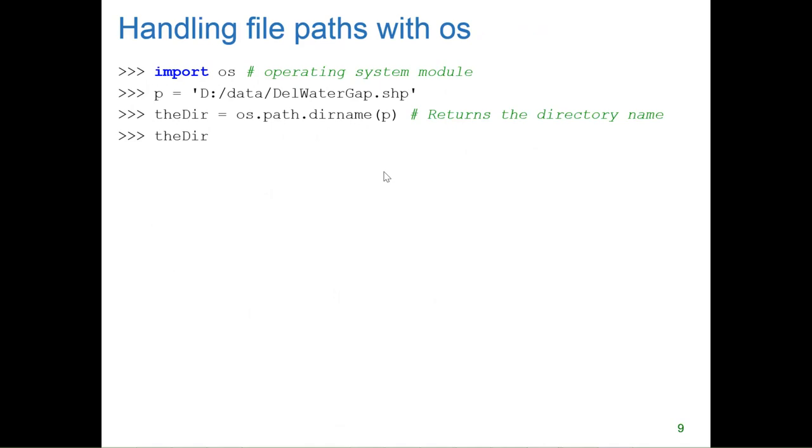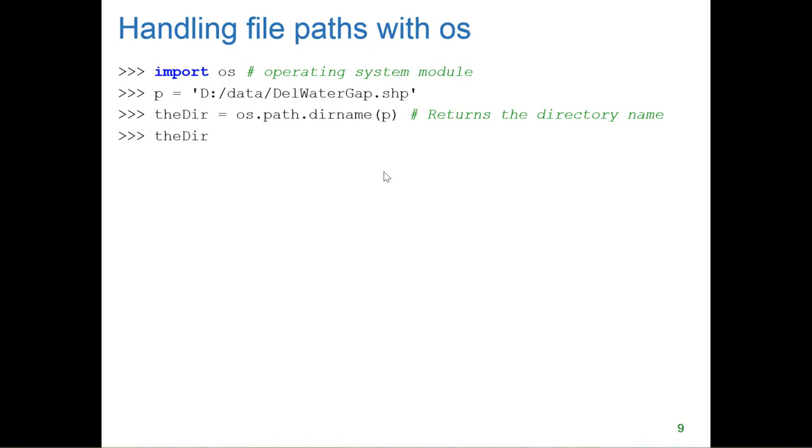Handling file paths with OS is a really useful skill to have, because if you're going to be getting arguments from the user that have data paths, then you may need to be able to manipulate them. Say, for example, to find out what directory the file is in.